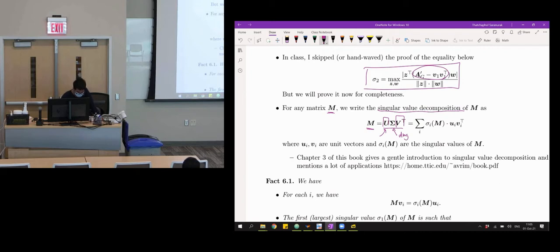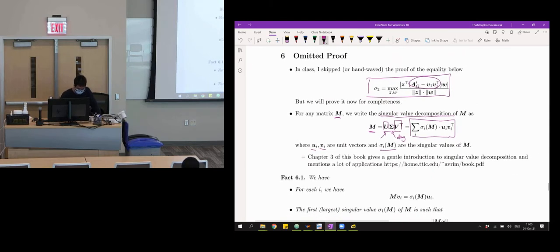That is, you can write this as this sum, where each u_i and v_i are unit vectors, and the thing here is called the singular value. Okay? So this is just the singular value decomposition.